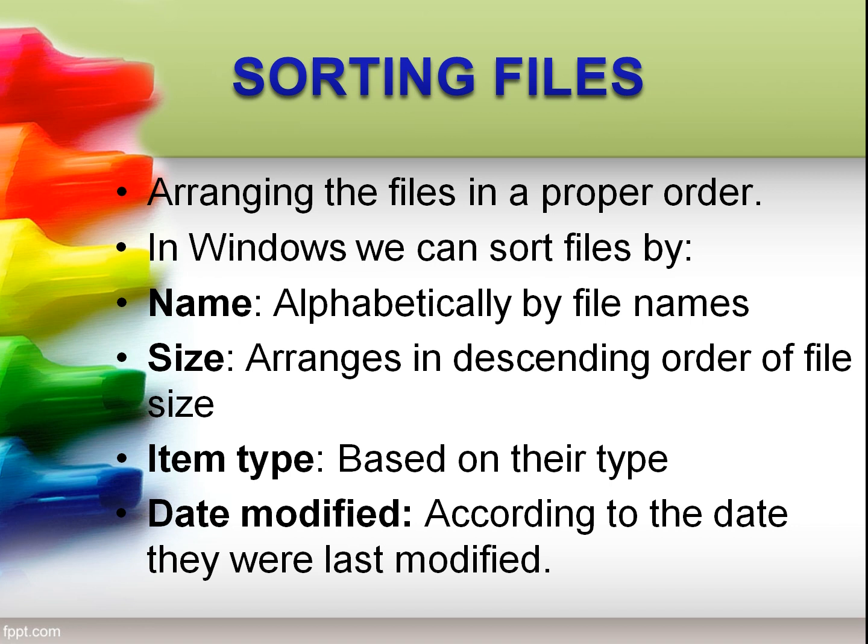That is, by name, alphabetically arranged by the file name; or by size, arranging in descending order of file size, which means the file with the maximum size will be displayed on top; by item type, based on what type of file it is, whether it is a PowerPoint or a Word file, etc.; or by date modified.